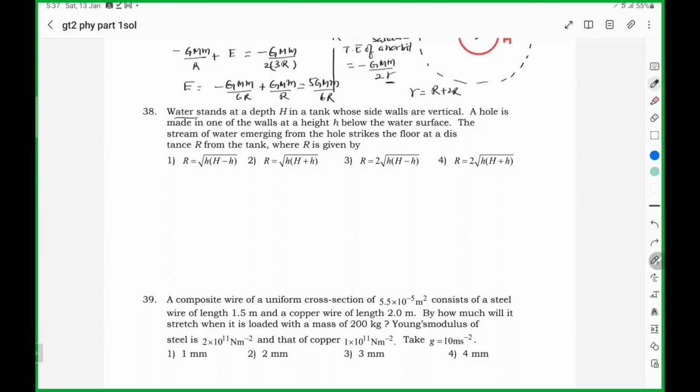Water stands at a depth H in a tank whose side walls are vertical. A hole is made in one of the walls at a height h below the water surface.